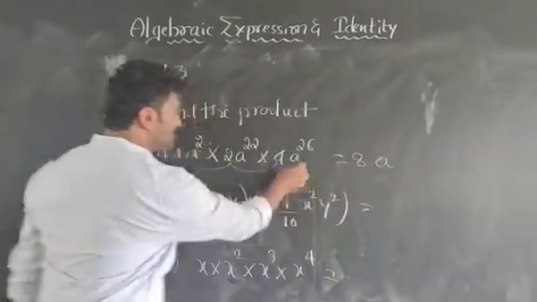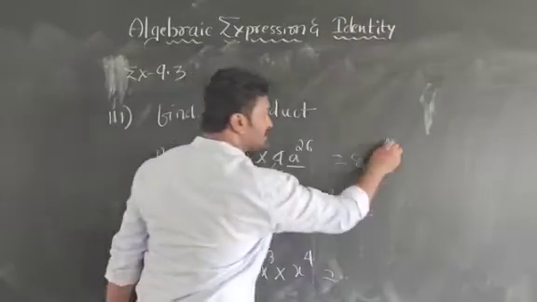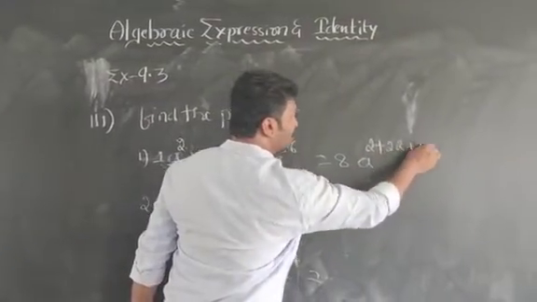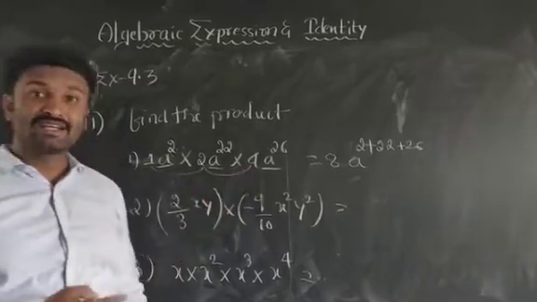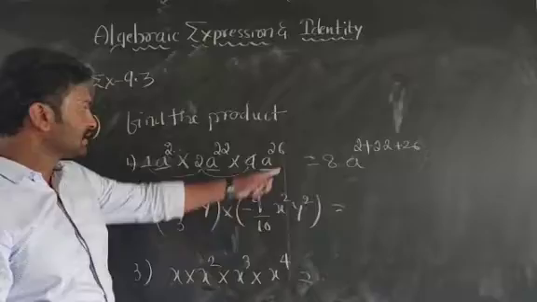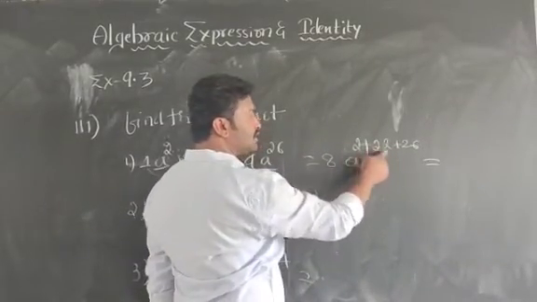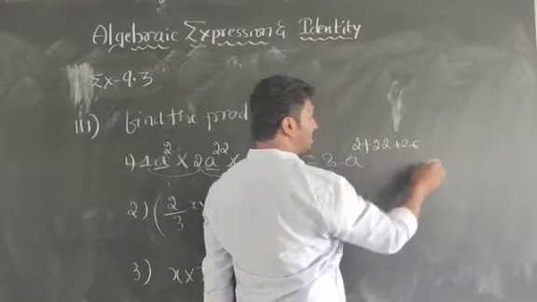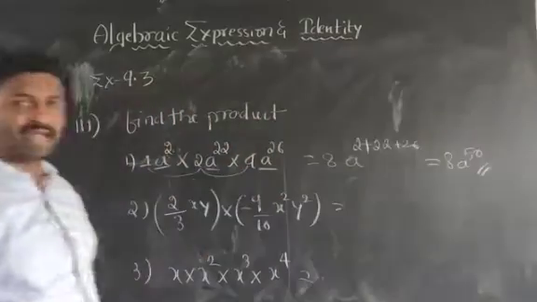Base a is common, so a only. Here 2 is there, plus 22, plus 26. 2 plus 22 plus 26. Why are we adding? The bases are same, so just add the powers and you will get the answer. This is equal to 24, 24 plus 26, 50. 8a raised to 50 is the answer after multiplying.